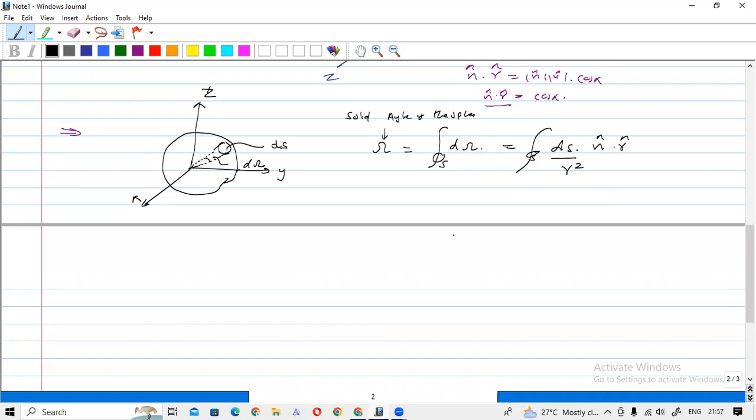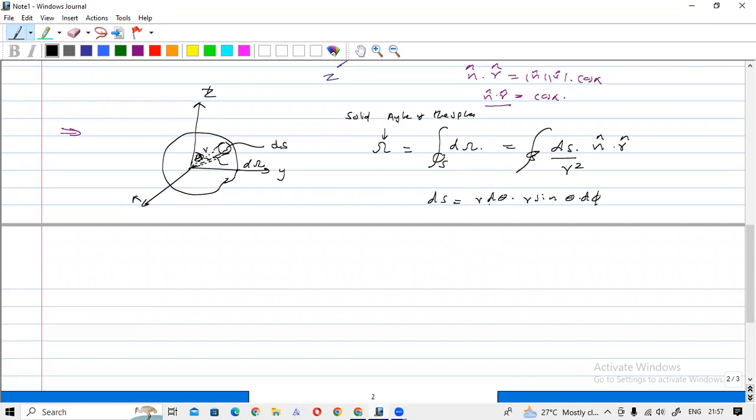We have found previously that if this is r and this is theta, then dS is equal to r d theta times r sine theta d phi.